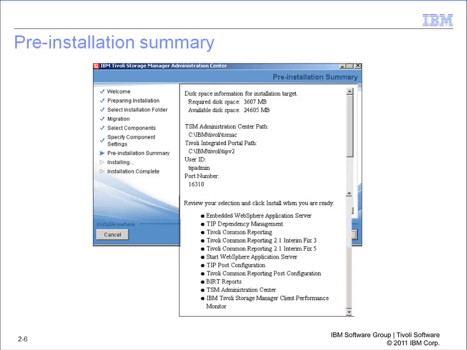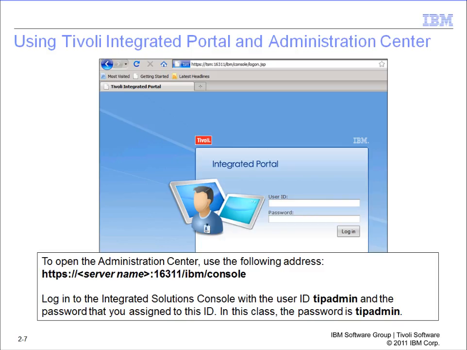Before you install, you get a pre-installation summary. This summary shows that we're doing Common Reporting. In your labs, you will not. Once it's been installed, your default browser should pop up with the information for your Administration Center. If not, just use the following address.